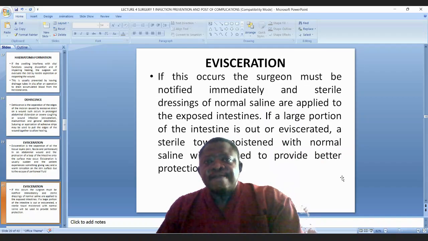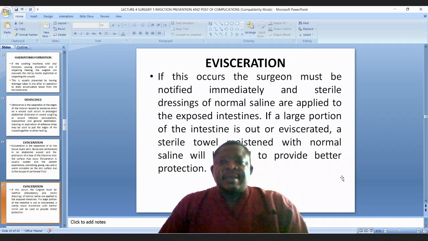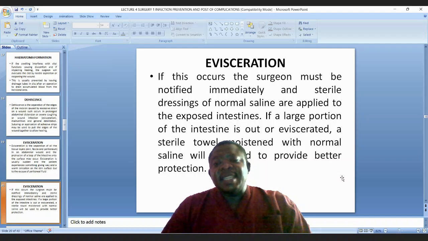If this occurs, the surgeon must be notified immediately and sterile dressings of normal saline are applied to the exposed intestine.